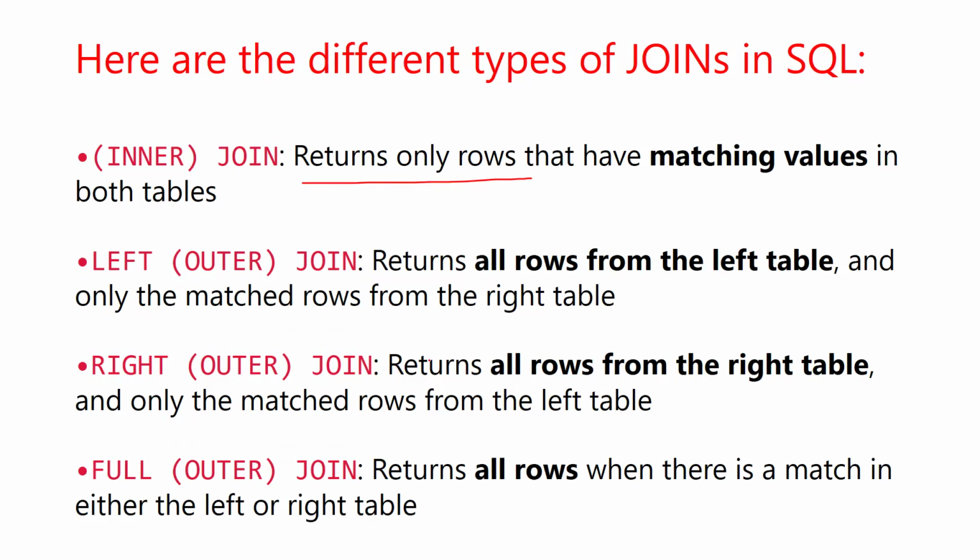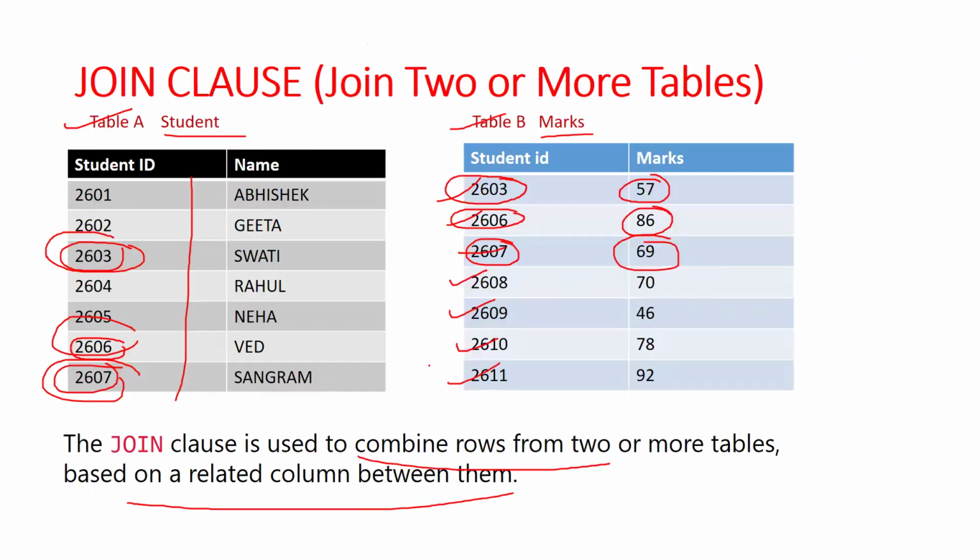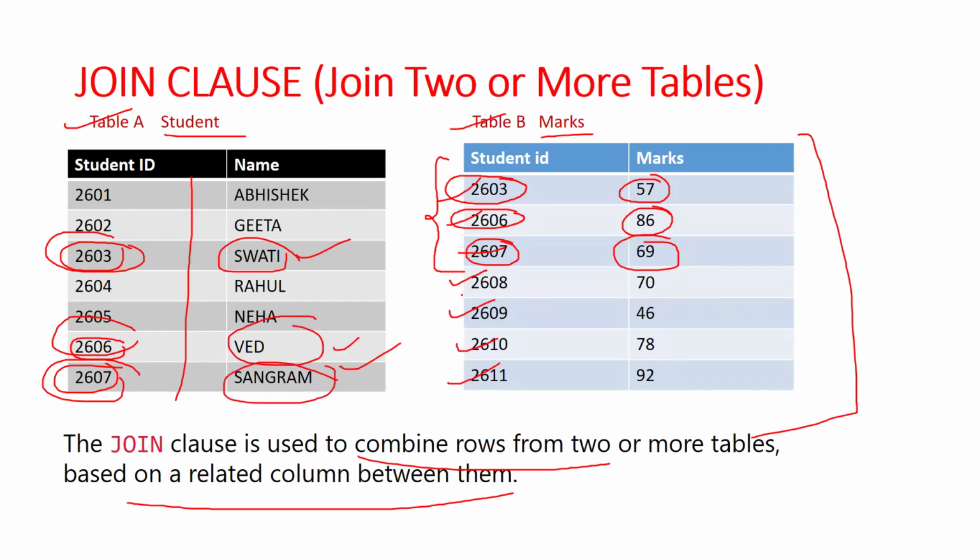Then we come to the right outer join, which returns all rows from the right table and only the matched rows from the left table. So what will happen? These are the three common entries in both the tables, and it will return all the entries from the right table, but from the left table, it will show only the names Swati, Ved, and Sangram, because these three entries are common.